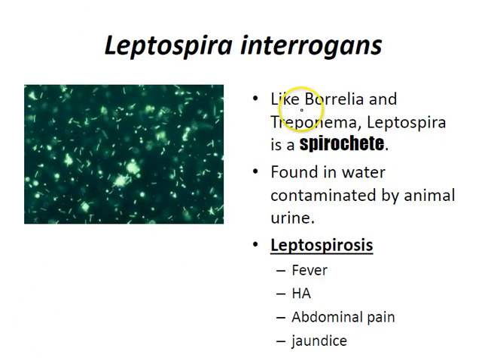Alright, so Leptospira interrogans. Like Borrelia and Treponema, Leptospira is a spirochete. They are found in water contaminated by animal urine. So let's talk about leptospirosis. You usually see a fever, a headache, abdominal pain, and jaundice.